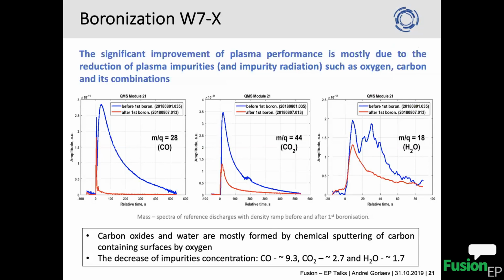Because we reduced oxygen and carbon content, we also reduced the combination, which means that chemical sputtering plays a huge role. We can see that hydrocarbons and the amount of water were reduced by boronization. So yes, boronization was really successful in the case of W7-X.